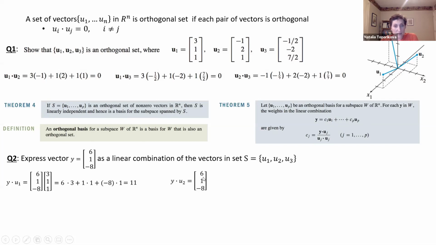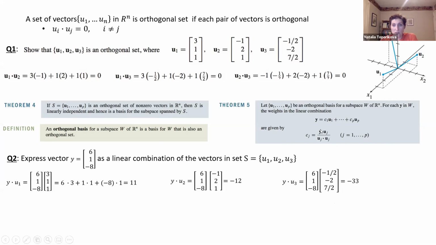Again the same vector y, but now multiplied by the second basis vector, which gives us the number minus 12. Finally, the third one, the same vector y multiplied by the third basis vector gives us the number minus 33. Okay, we're done with the numerators in our formula.